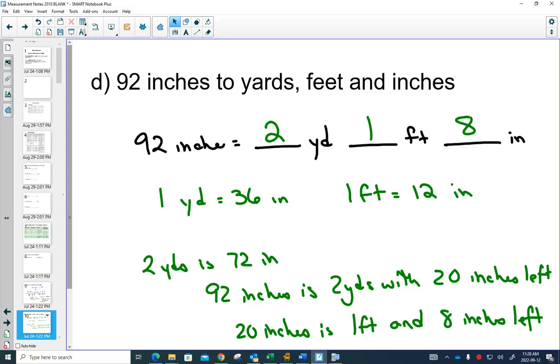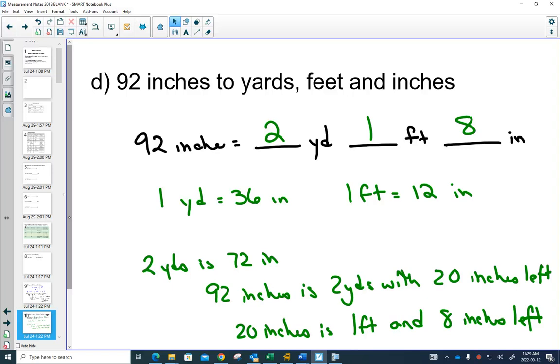Sometimes students start the other way. 92 inches tall. Whew. How tall would that be? 8 foot? 8 foot 8? 7 foot 8? No, 7 foot 8.